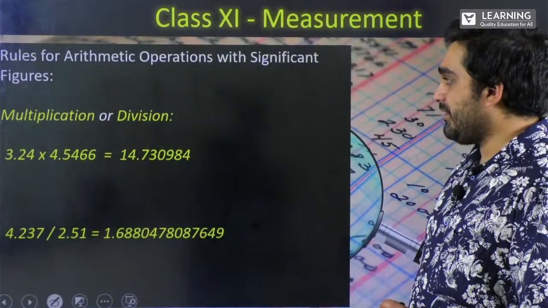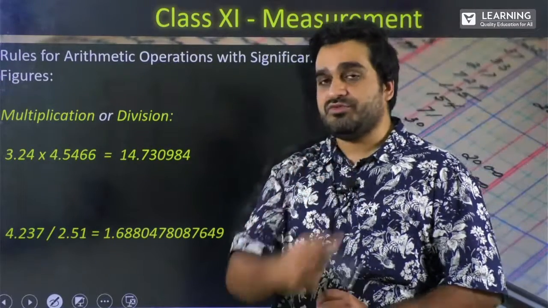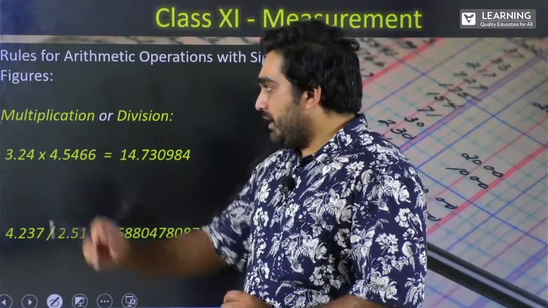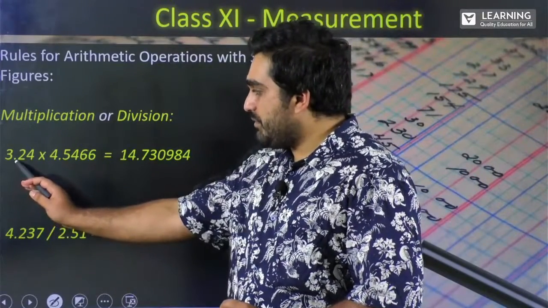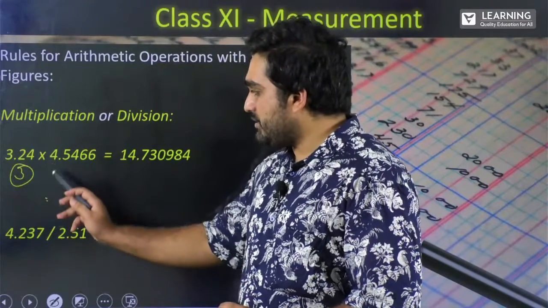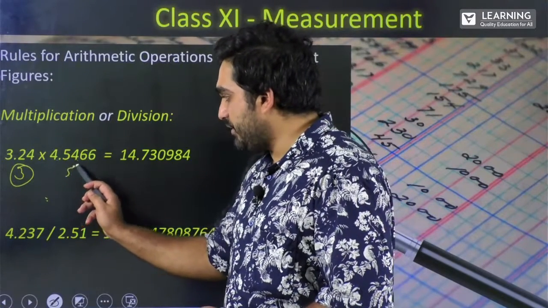So let's have a quick look at some of the operations that we use on significant figures. Multiplication. Here you have an example with three significant figures. Here you have an example with 1, 2, 3, 4, 5 significant figures.